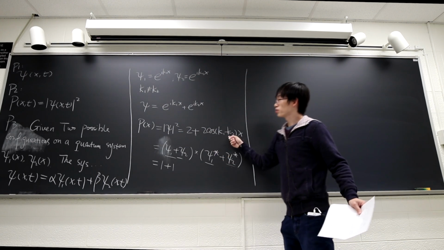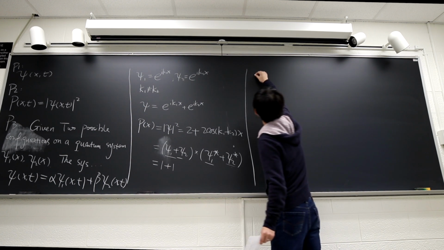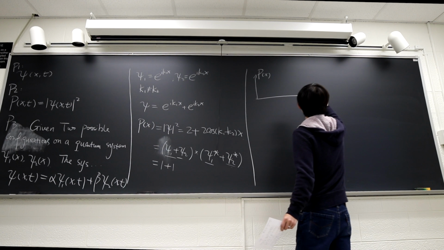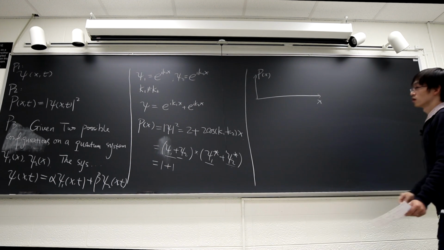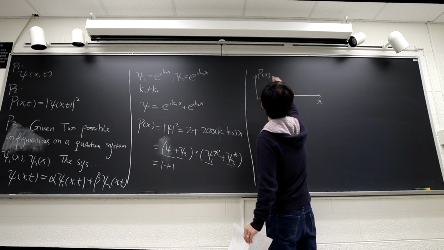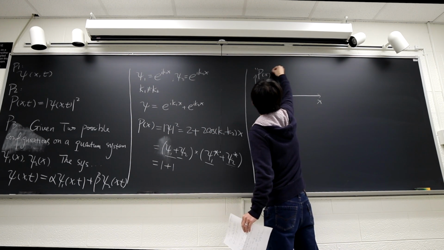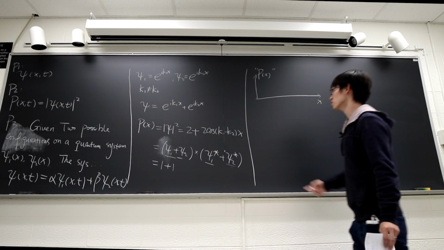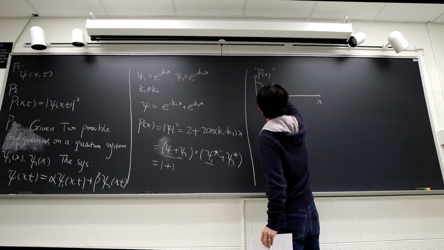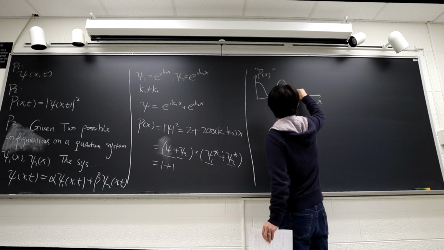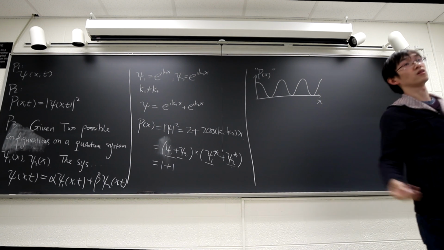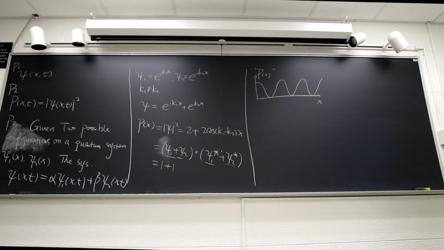And if you plot this out, probability versus x, you find that, well, it's not normalized. So let's say the probability is not normalized. You find it very high here, and 0, and then it goes like this. So it's exactly the same as the interference pattern.